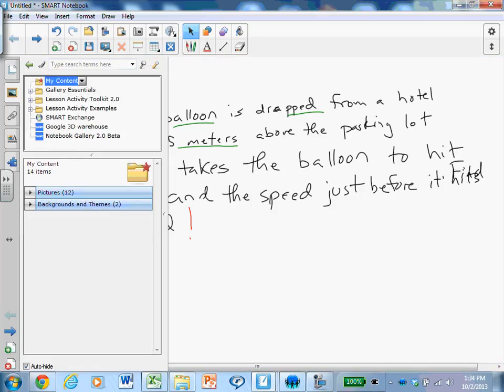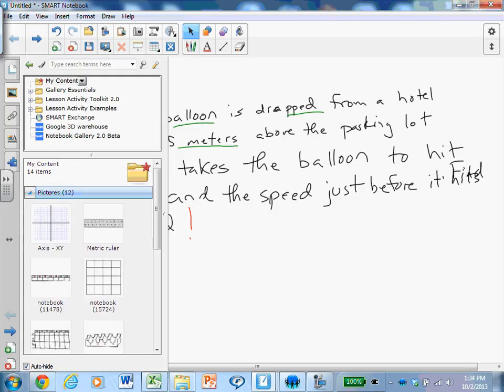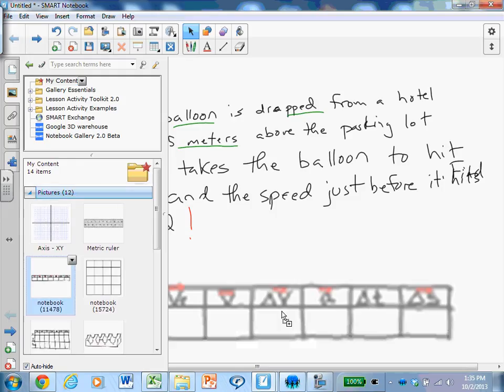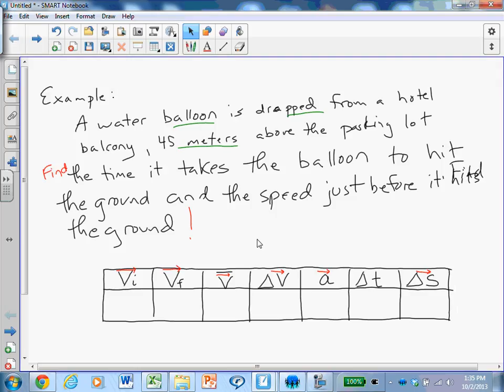So we'll get out a really good chart here. Put that on there, and we can fill in some information. Let's draw a little picture over here too. Water balloon is dropped from a hotel balcony. So there it drops and it falls downward.